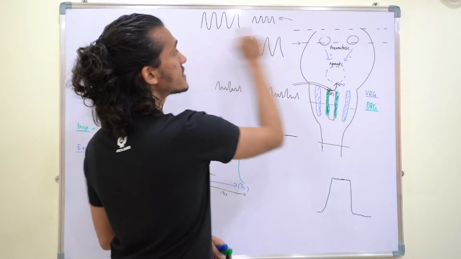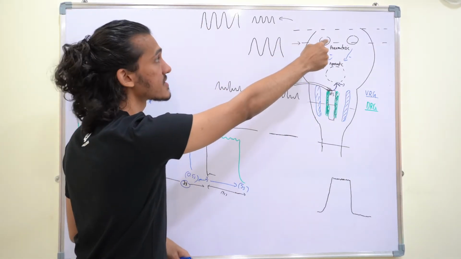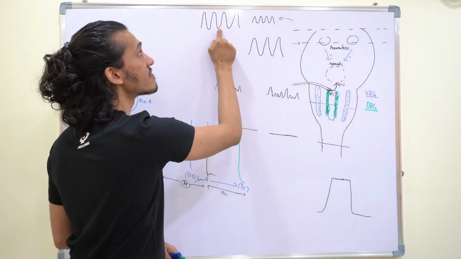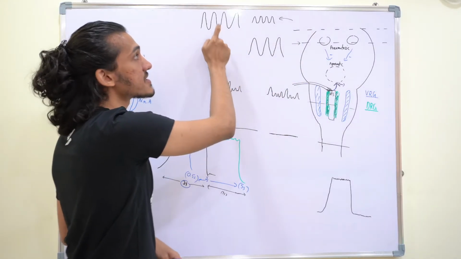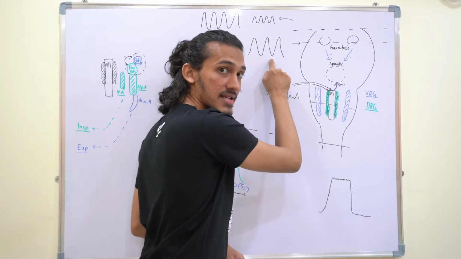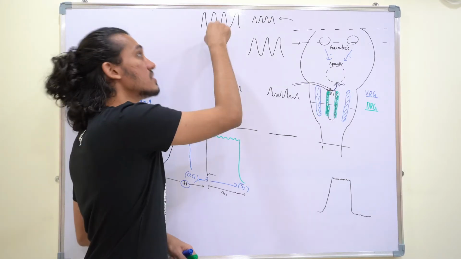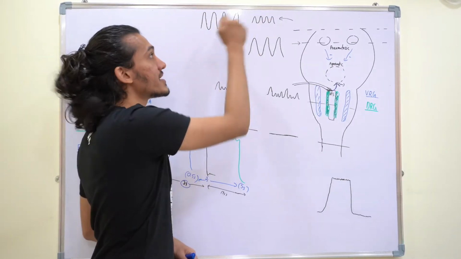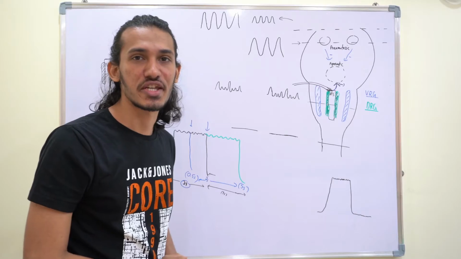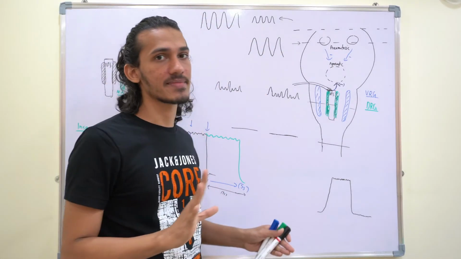Over here, your vagus is cut, the pneumotaxic center is intact, and it is still keeping this in check. So you see how these two are similar? At least one of them should be there.